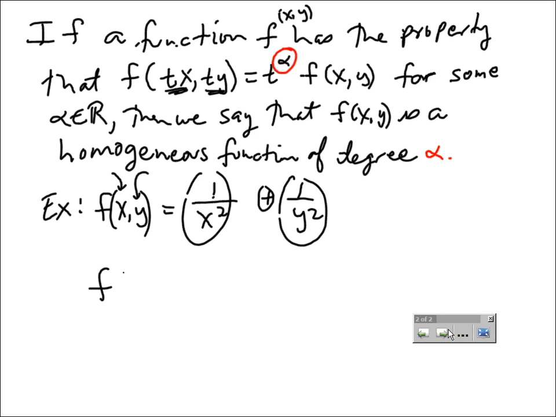For example, f of 3, 4, we take this 3, we square it in the bottom, we put a 1 on the top. We take the 4, we square it on the bottom, we put a 1 on the top, and we add them. And you get whatever you get.